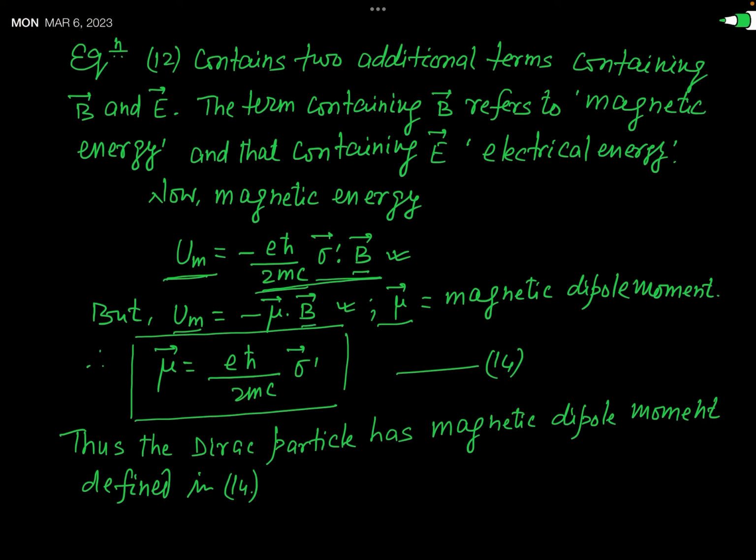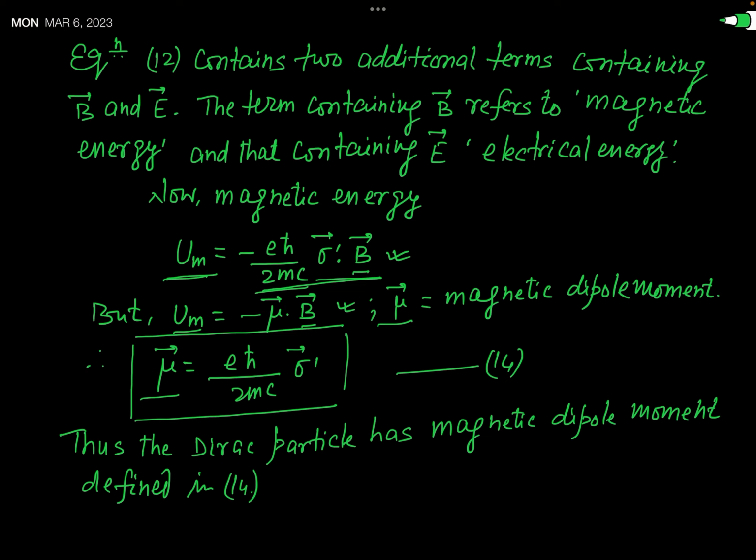So definitely the remaining factor represents the magnetic dipole moment of the Dirac particle. So the magnetic moment of the Dirac particle is mu, and that mu is equal to eh bar over 2mc sigma. You can see that this mu is directly related to the spin of the particle.